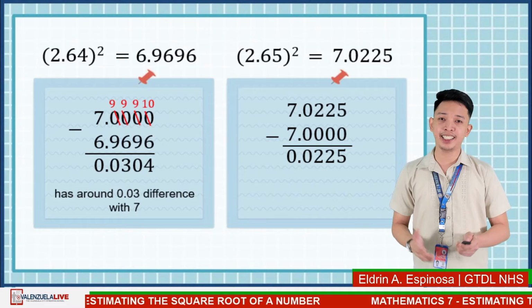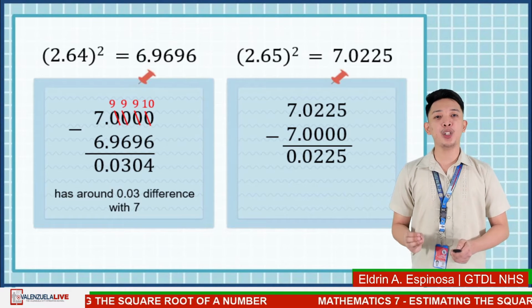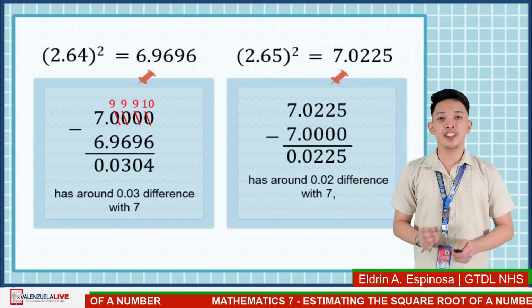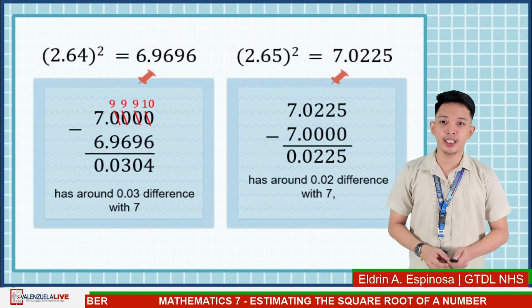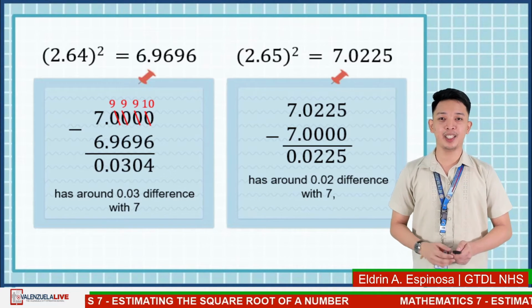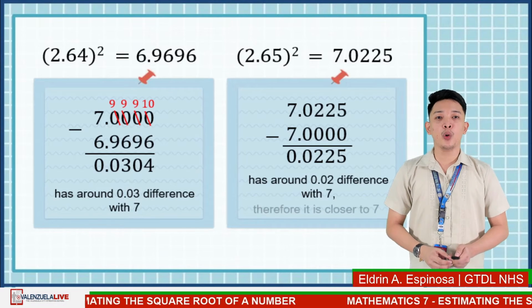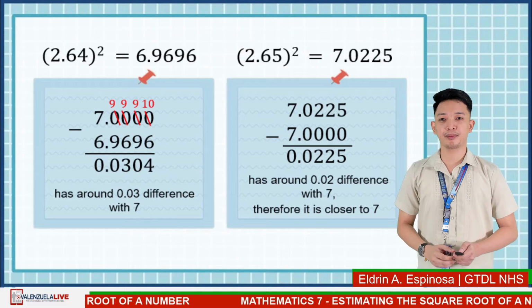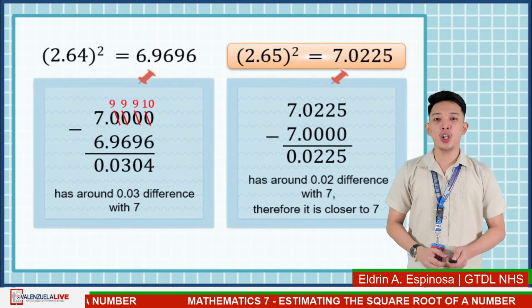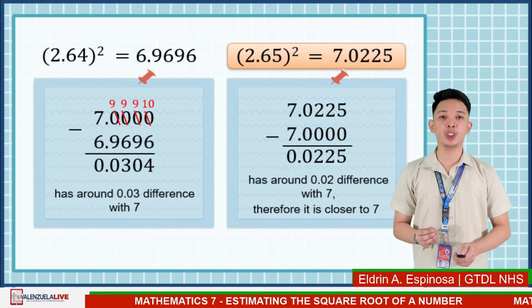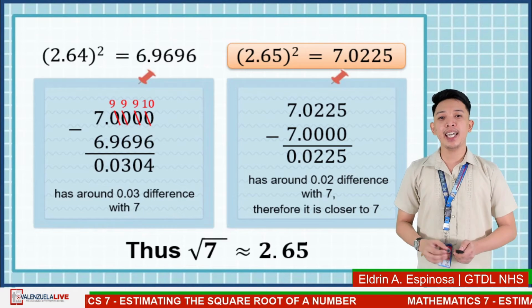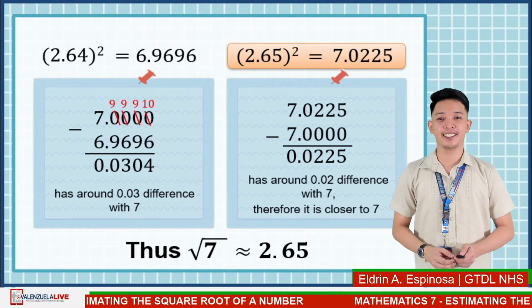So what does it mean? This value has around 200 difference with 7, which is lesser. Therefore, we can say that it is closer to 7. Thus, we can now conclude that the square root of 7 is approximately equal to 2 and 65 hundredths.